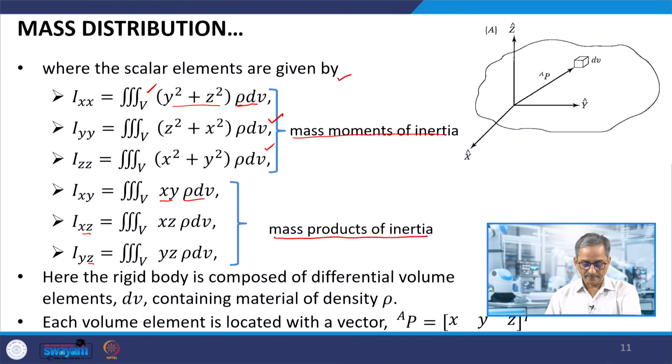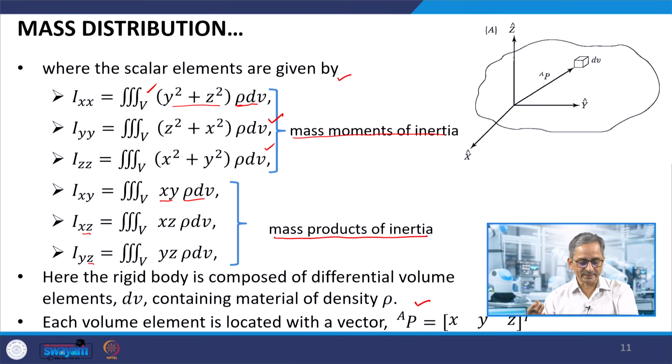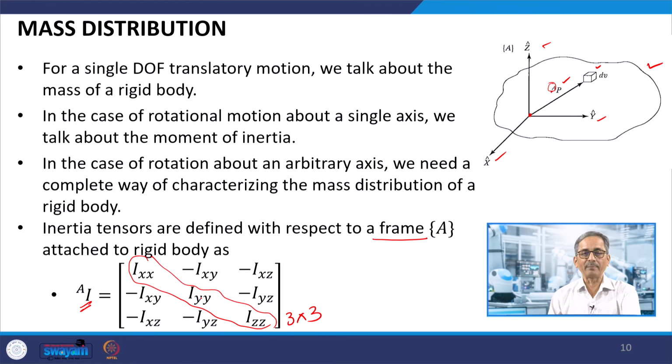Here each elemental volume is located by the vector [x y z] transpose. These 6 independent quantities, for a given body, depend on the position and orientation of the frame in which they are defined. Why am I talking about 6 independent? Because we have the 3 diagonal terms and 3 off diagonal terms.